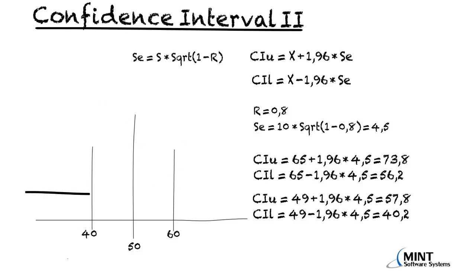If the confidence interval falls completely below 40, we call the performance below average. And if the confidence interval is between 40 and 60, we call the performance average.